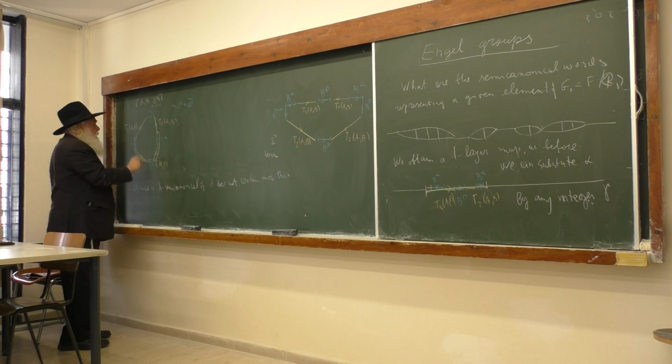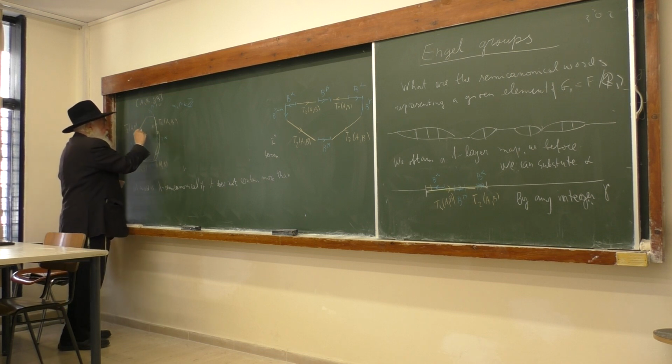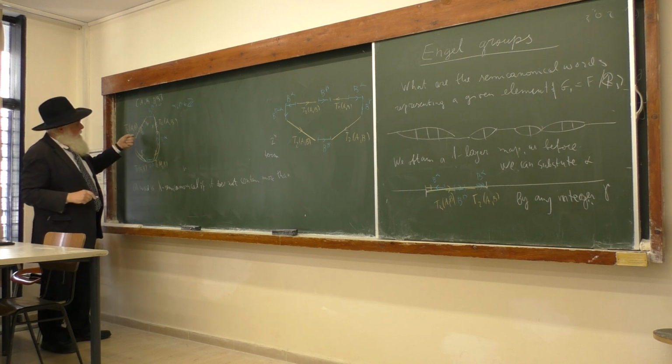One will sit here, B2, and the other sits here, inside this. Then it will be oriented toward the smaller one. Inside here we have B3 and B3.